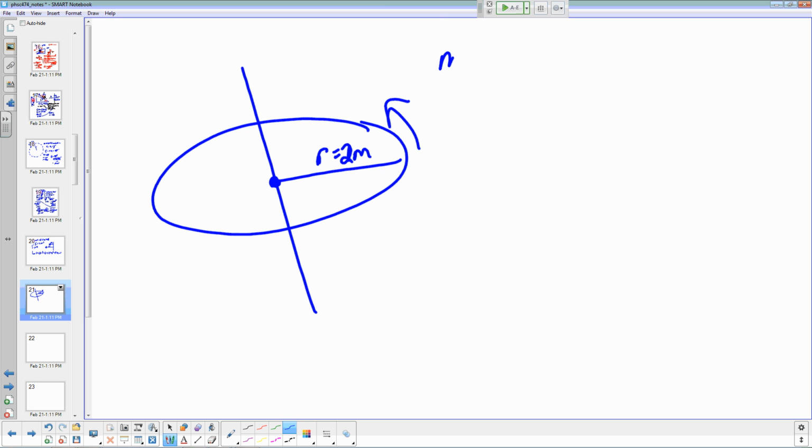Let's say the mass of the disk is 10 kilograms. And I apply a force to this object that's equal to 5 newtons. I just want to know how quickly it is accelerating in the rotational direction. What is its angular acceleration?